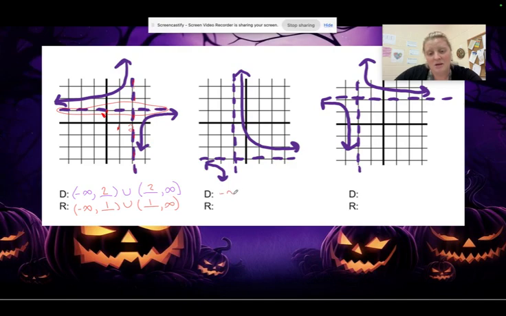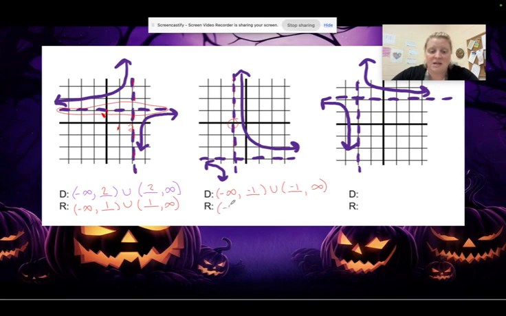So your domain does not have a left endpoint. It does have a break. We'll resume right after that break, and it does not have a right endpoint. The matter is, where does the break occur? So again, we use x values, or where our vertical asymptote crosses through, and it crosses through -1.